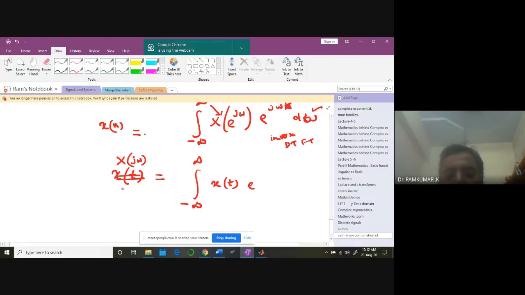Here, e power j omega is the discrete time form. This is the continuous time form, j omega. What is the value I have to write here for continuous time?